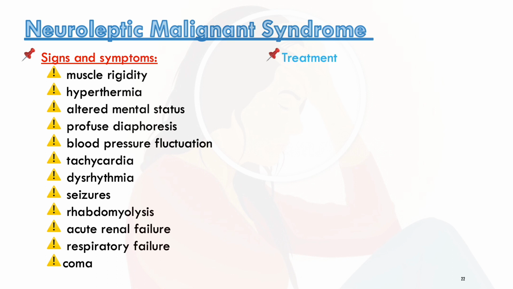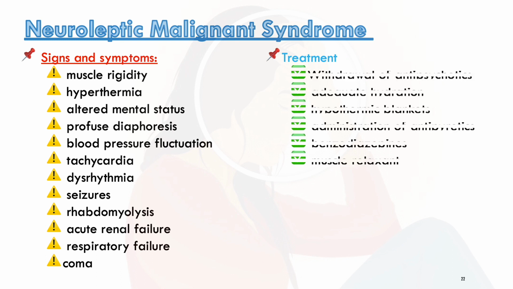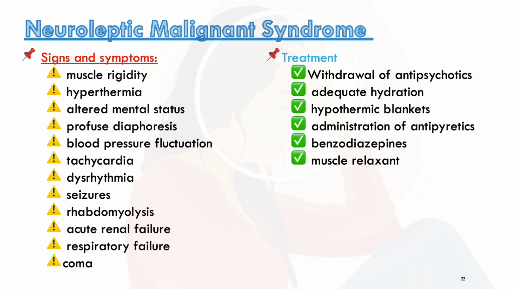Treatment involves immediate withdrawal of antipsychotics, adequate hydration, hypothermic blankets, and administration of antipyretics, as well as benzodiazepines and muscle relaxants such as dantrolene.